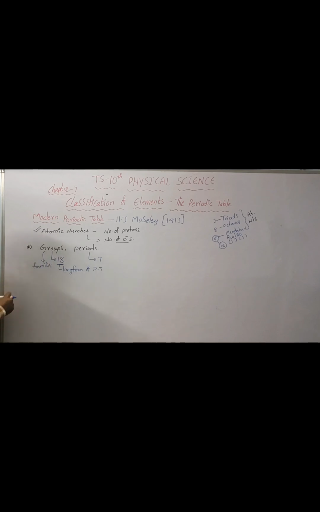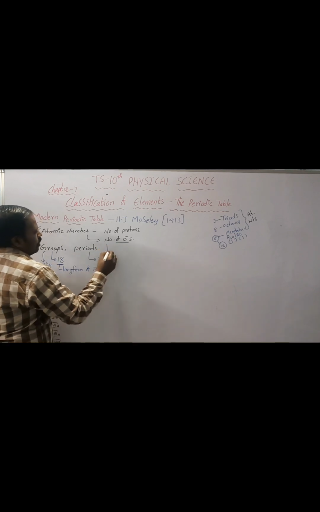For this, names are also given. So first A group, second A group, third A, fourth A, fifth A, sixth A, seventh A, eighth A. He classified this periodic table into 2 types actually.